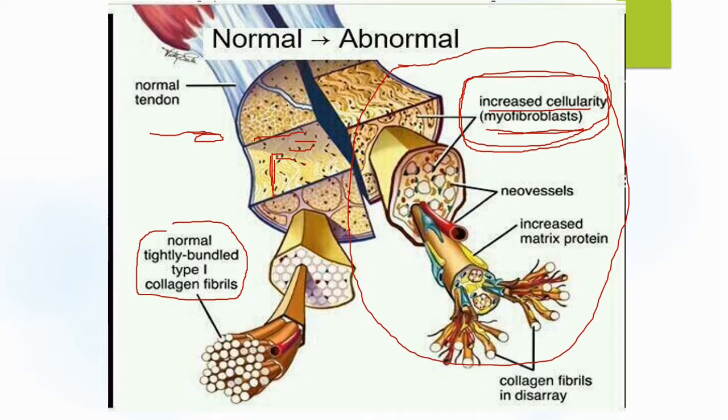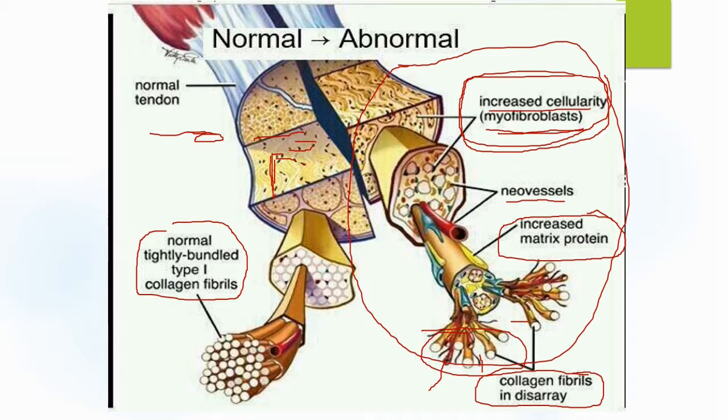The connective tissue becomes infiltrated with new blood vessels and new nerve endings, and we see an increase and a thickening of the extracellular matrix with collagen fibers in disarray and disorganized, and infiltrated by blood vessels and painful nerve endings. And this is the type of structure that's going to be subject to rupture.